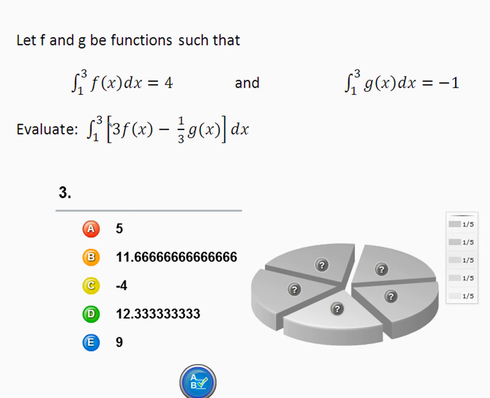I'm going to write this out. You don't always have to write the work out, but just to show you the idea as we think through this. Since this is a difference, we could write this as the integral from 1 to 3 of the first one, 3 times f of x dx, minus the integral from 1 to 3 of the second one.